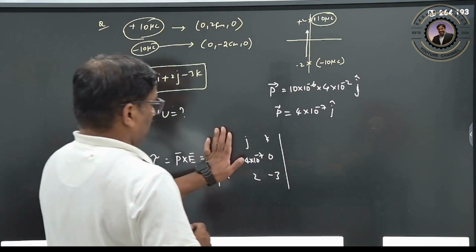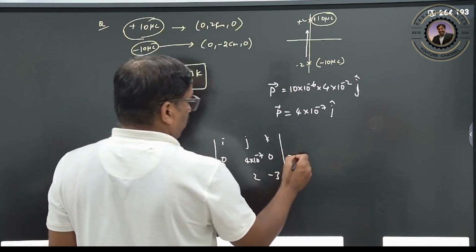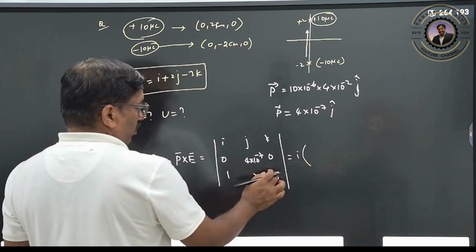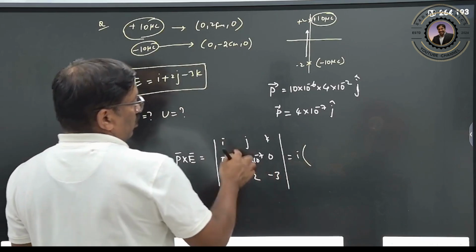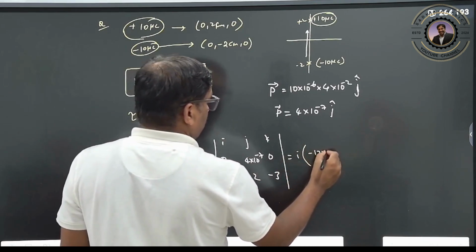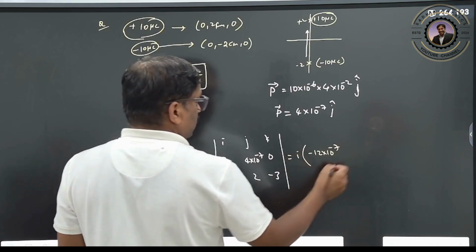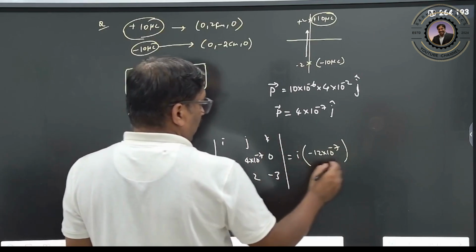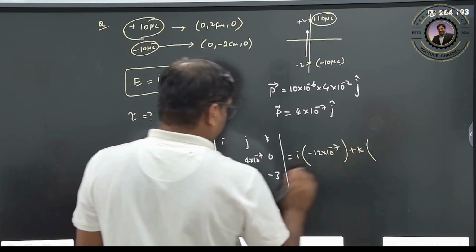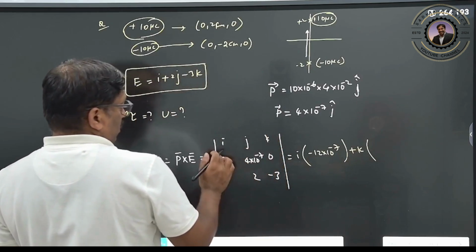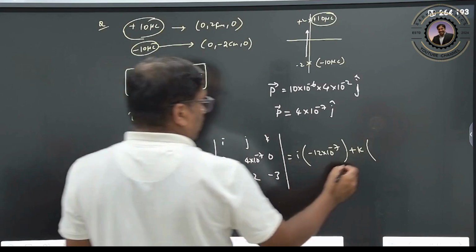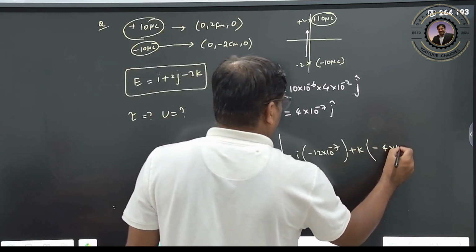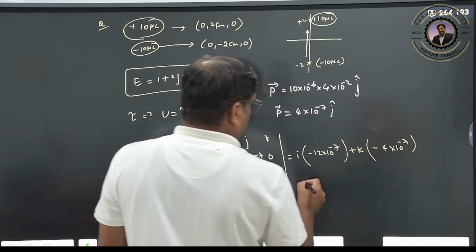Here it will be equal to i taken: minus 12 into 10 to the power of minus 7, this side is 0, so this is j with 0, 0, and plus k, which is AD minus BC, minus 4 into 10 to the power of minus 7, clear.